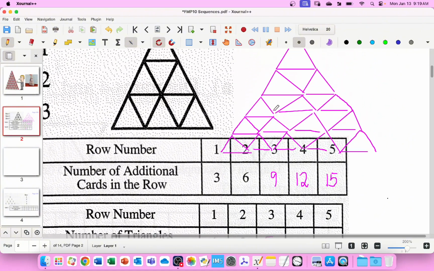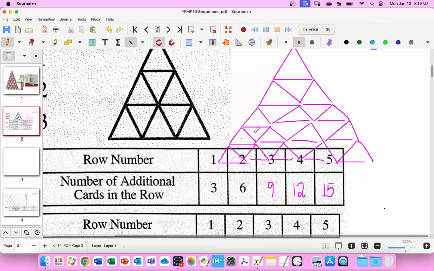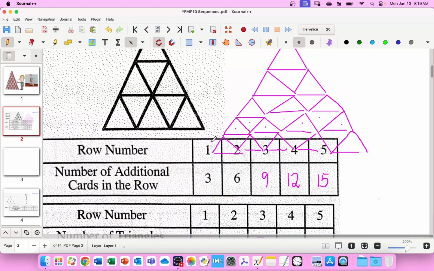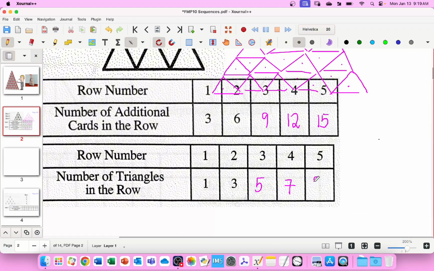Row 4, how many triangles do I have? 1, 2, 3, 4, 5, 6, 7. Row 5, how many triangles do I have? 1, 2, 3, 4, 5, 6, 7, 8, 9. So 9.